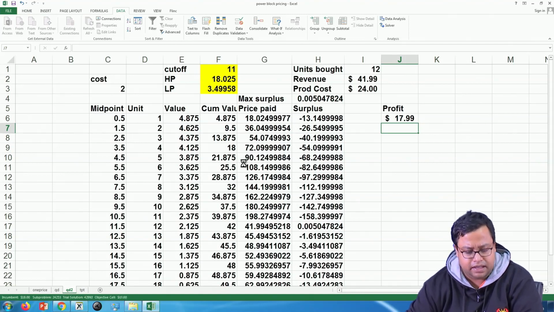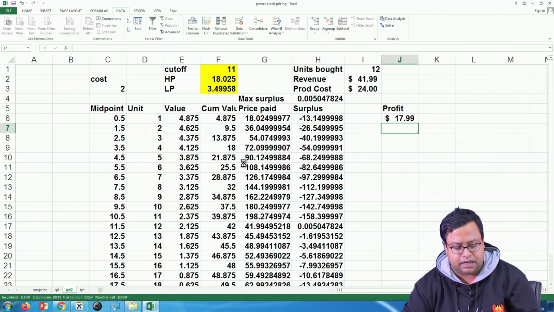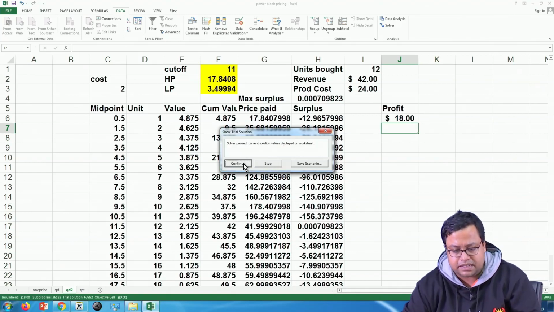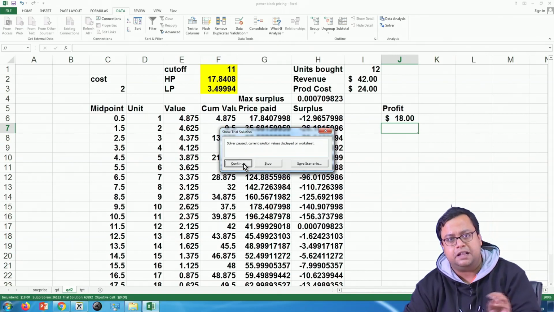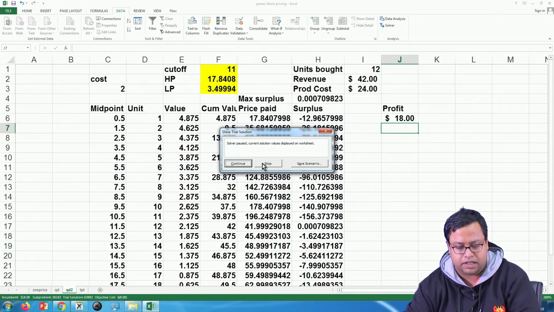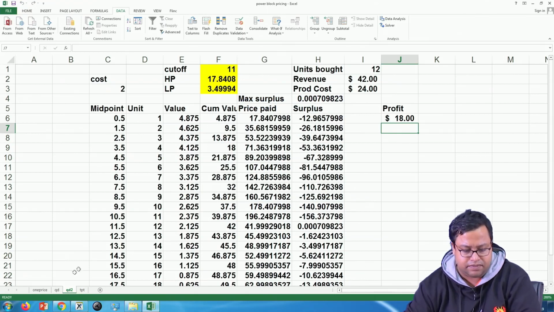I can press escape if it is running for a longer period of time, as I told you before. You can also put HP and LP as integers, and that might solve quickly. So, I will stop it now, and it is giving me $18.